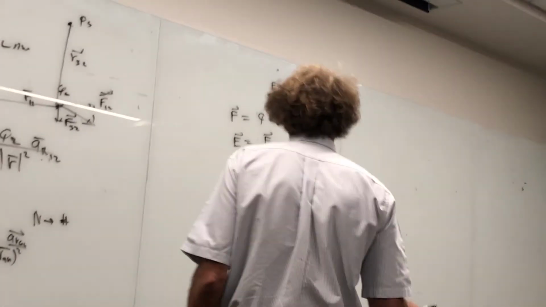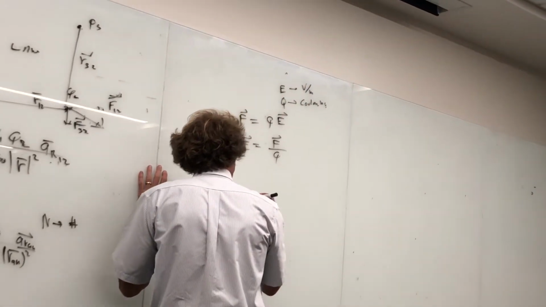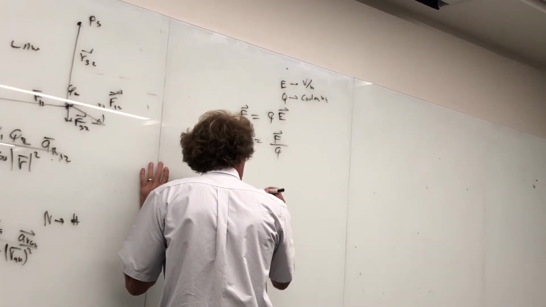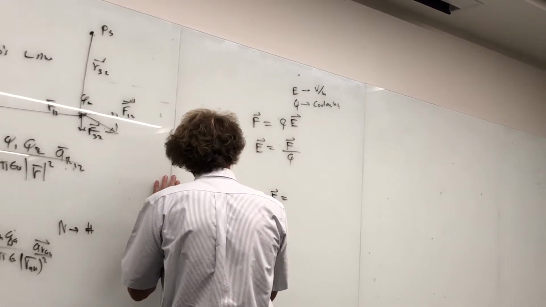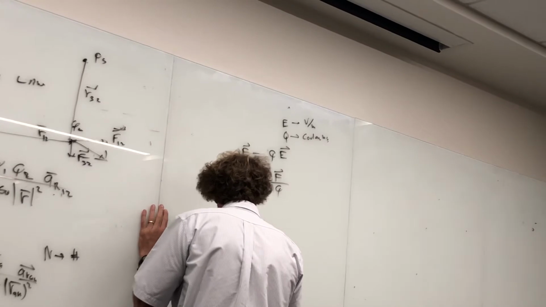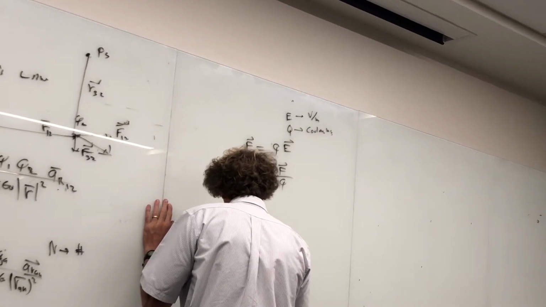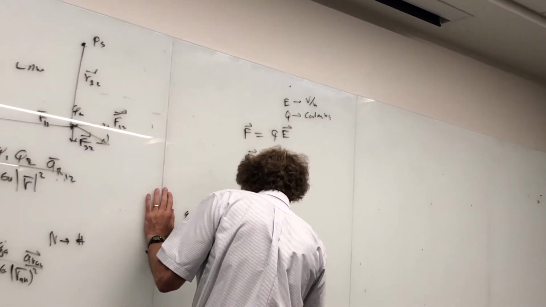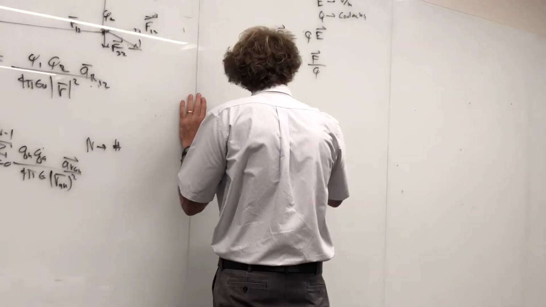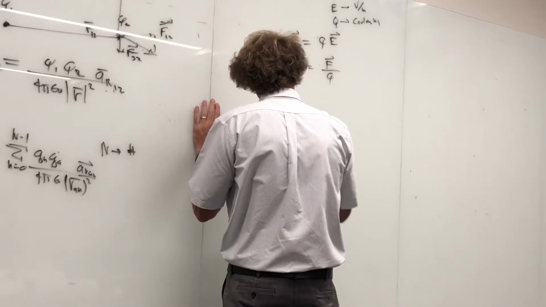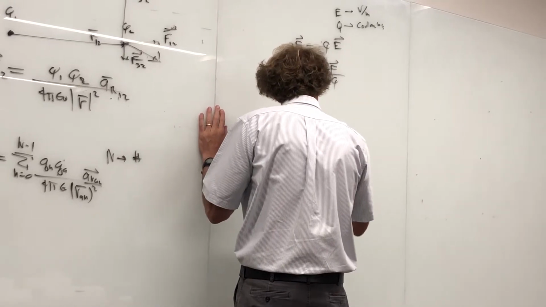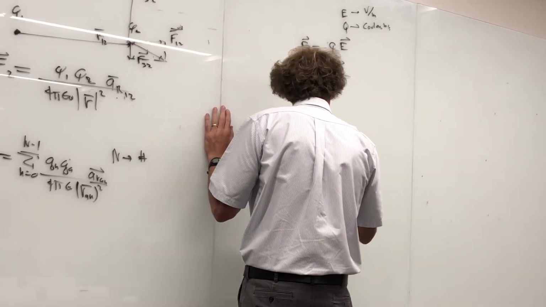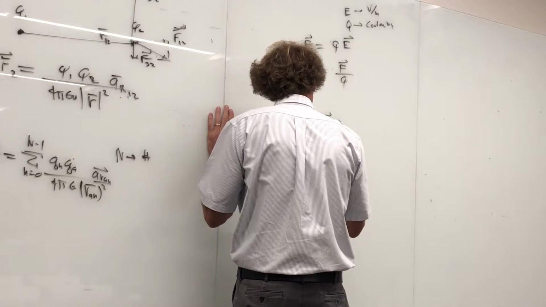So, this is the one I wanted to focus on. If you want the electric field at any point in space, E here, and you had an assortment of charges called Q1, Q2, Q3 here, and you had some distance, I'll call it R1, a distance R2, and a distance R3 here. These are all vectors, by the way.